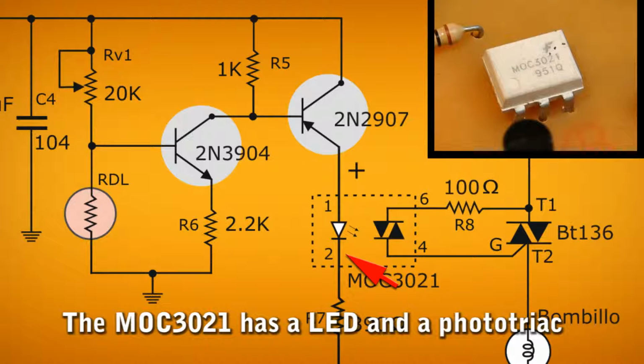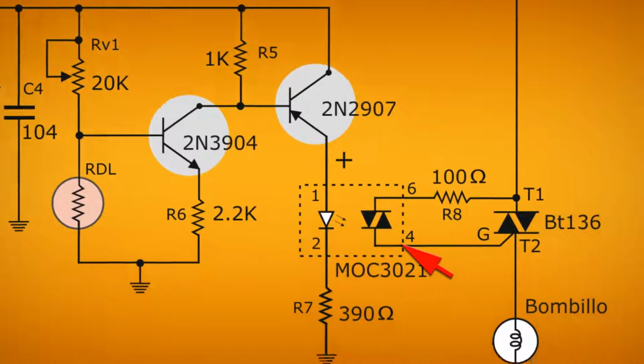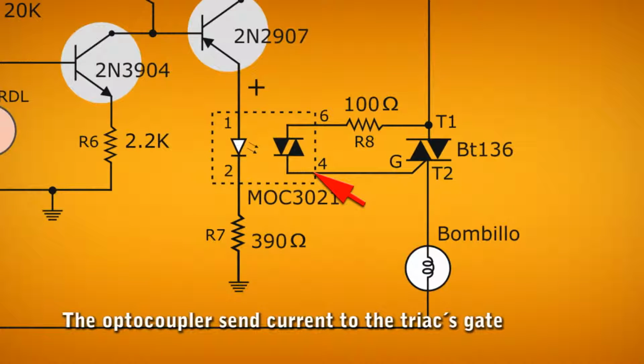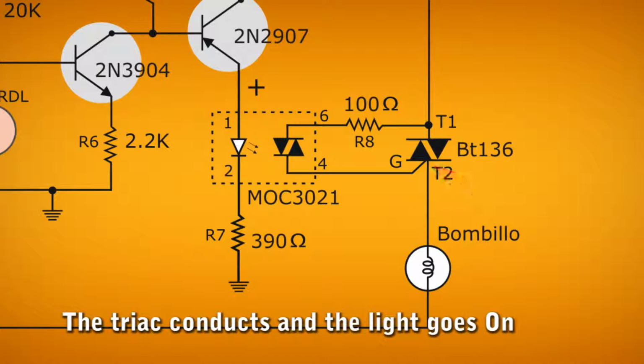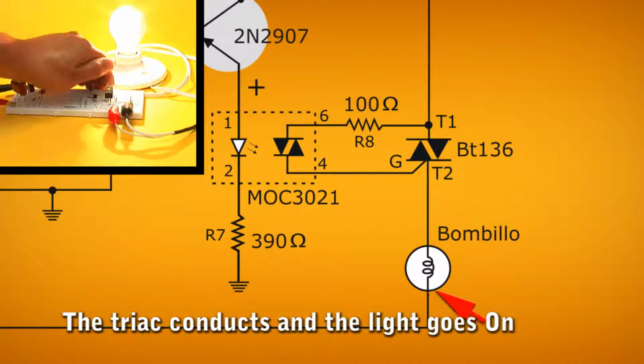The LED inside it lights up, triggering the phototriac, which is between pins 4 and 6 of the optocoupler. The phototriac conducts between pins 4 and 6, sending a current to the gate of triac BT136. The triac conducts current from the public network between its terminals T1 and T2, and as the bulb is in series, this turns it on.